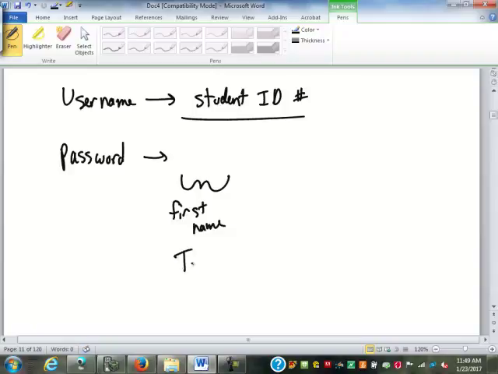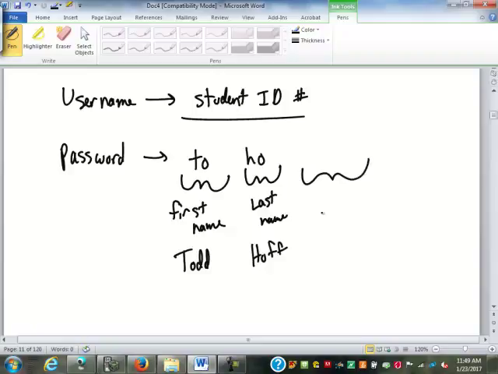So my first name is Todd, so that would be T-O. And then the first two letters of your last name. My last name is Hoff, so that would be H-O. And then the last four of your social security number.